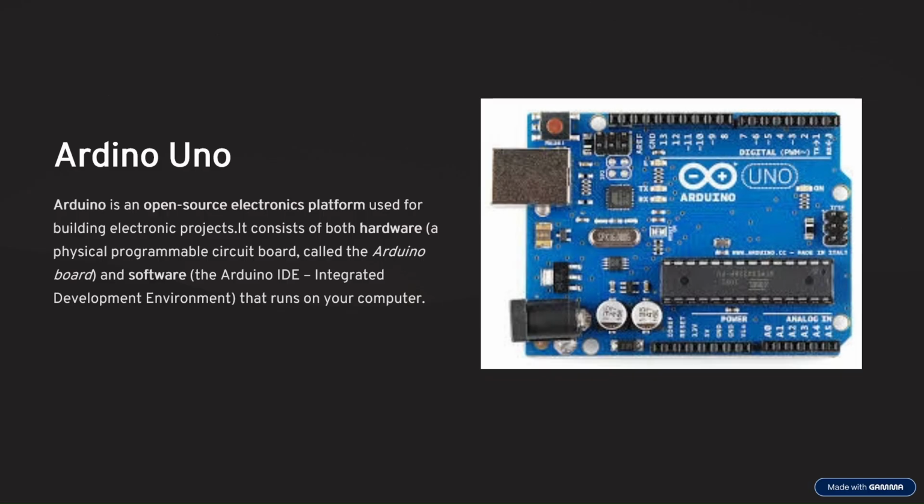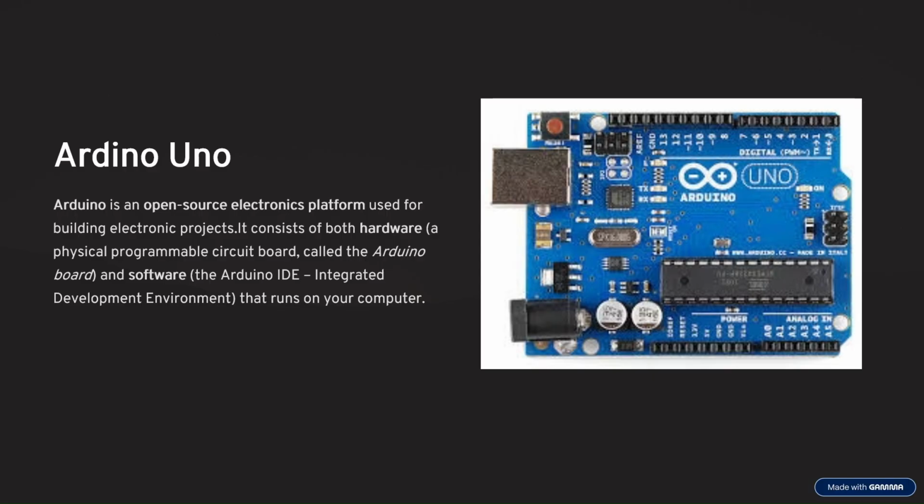There are a few things which are used in our project, and the first and main thing is Arduino Uno, which is an open source electronic platform used for building electronic projects.